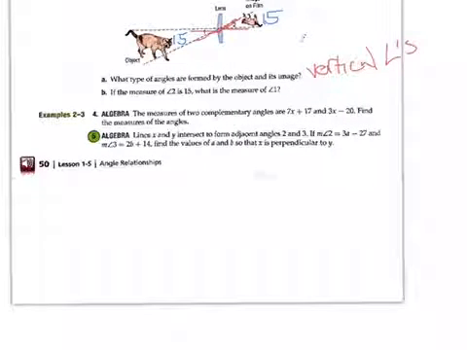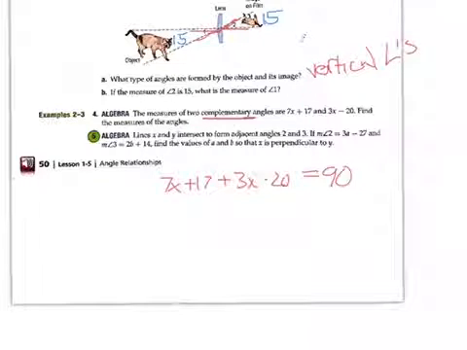Number 4. The measure of two complementary angles, so it's important you know the term complementary, are 7x plus 17 and 3x minus 20. So that has to equal 90 because that's what complementary means. So now we work this out.